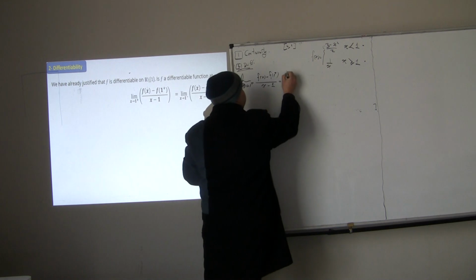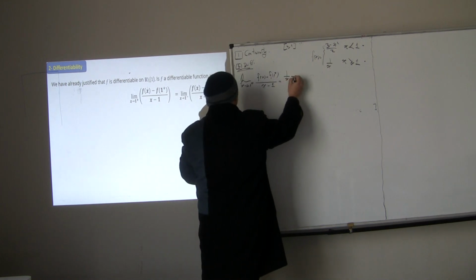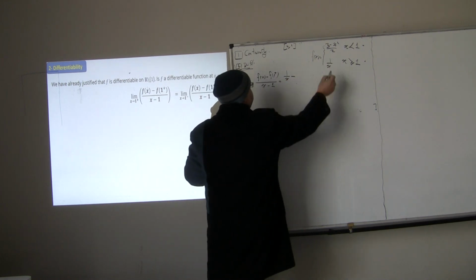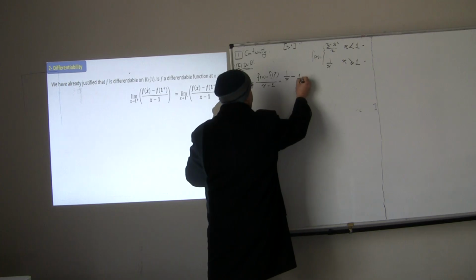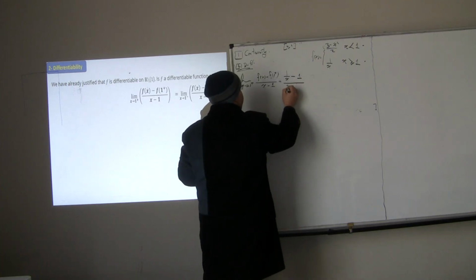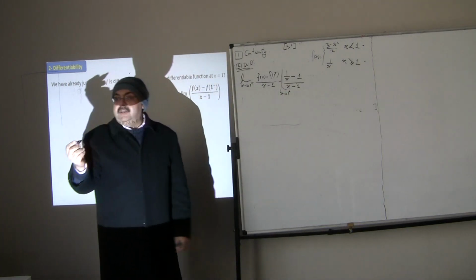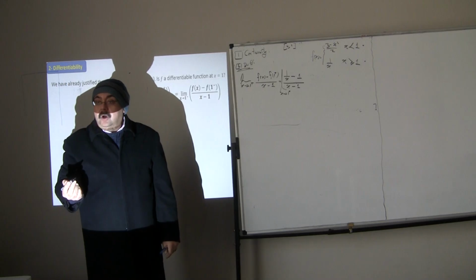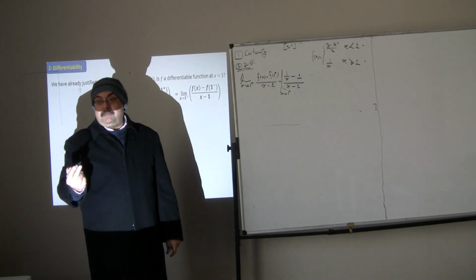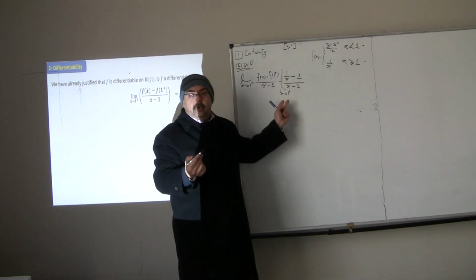So f of x is going to be 1 over x minus f at 1, so if you make a substitution, it's going to equal 1, divided by x minus 1, taking the limit as x tends to 1 positive. Any ideas what I should do? Okay? If you try to substitute, you will end up having 0 over 0.